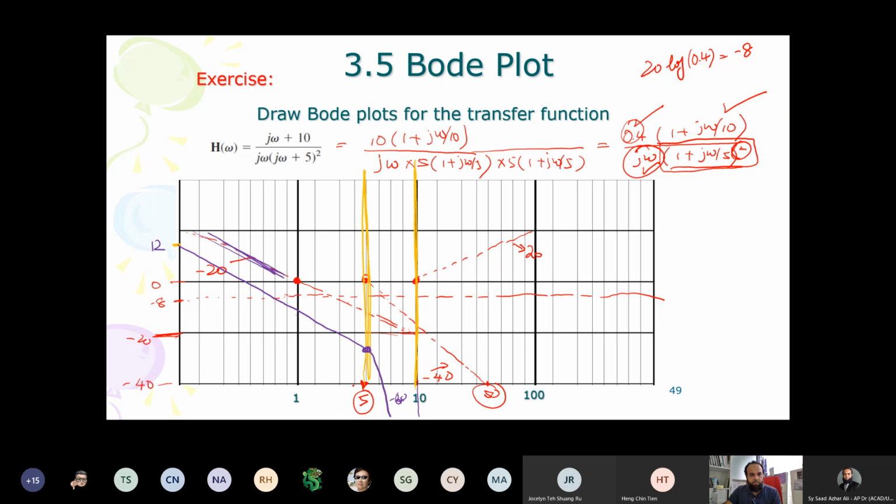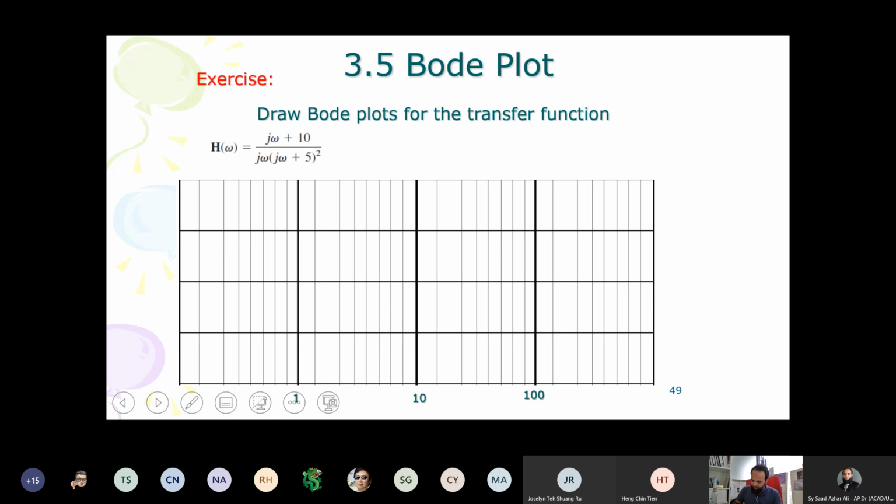Okay, duplicate slide. I'm duplicating that. At 5, it was coming at minus 20 dB per decade, but then we'll go at minus 60 dB.